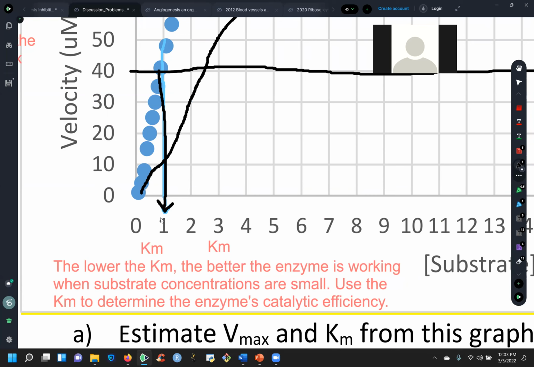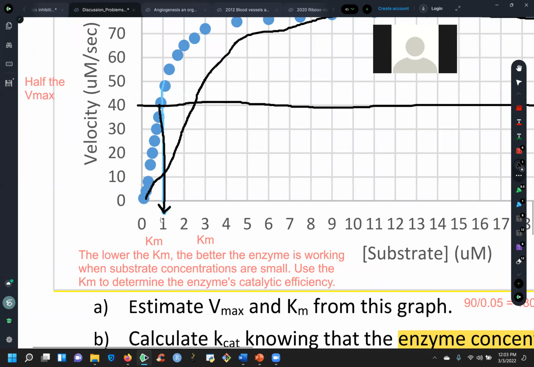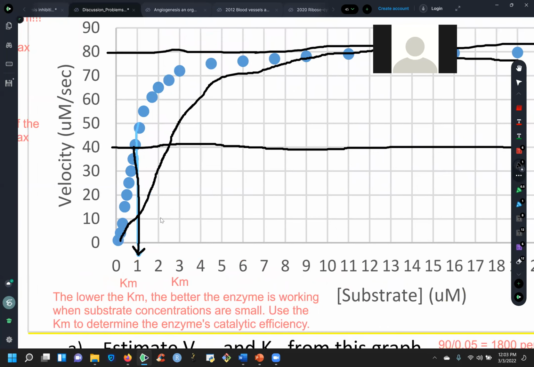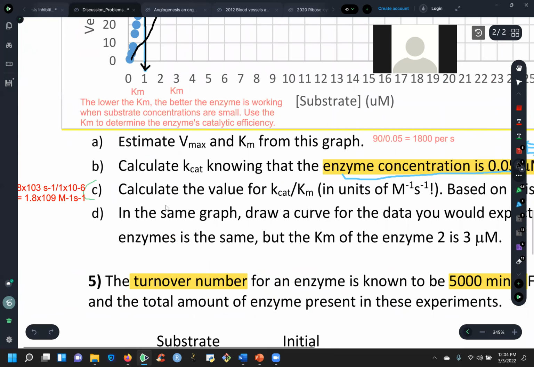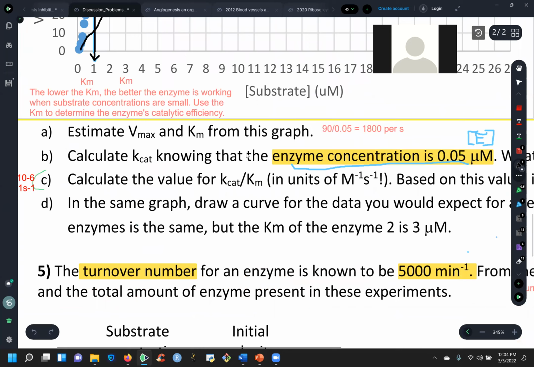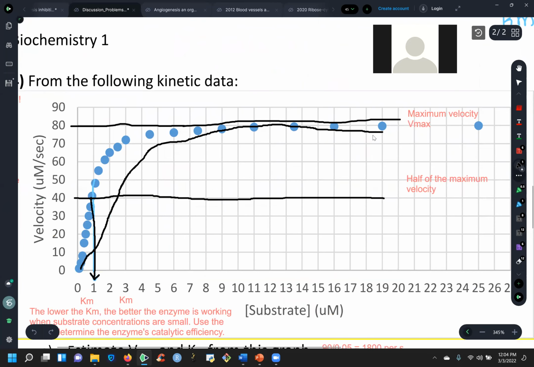And then sometimes they'll throw in another enzyme, and they'll ask which one has a higher Kcat or which one has a higher Km. So you have to know all this stuff back and forth. So let's go ahead and look. Estimate the Vmax and the Km from this graph. So Vmax we said was 80 microns per second.